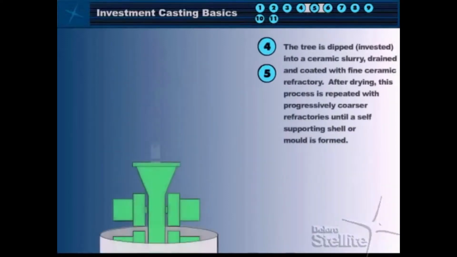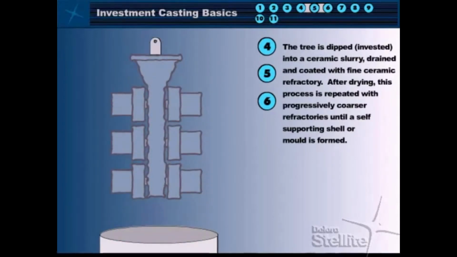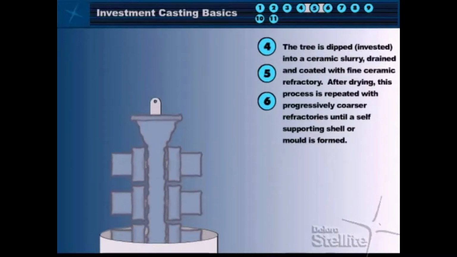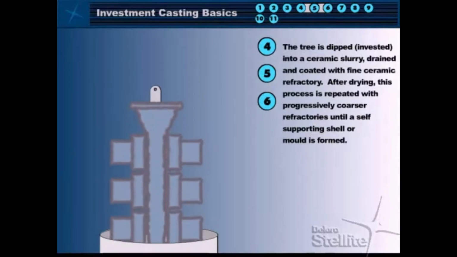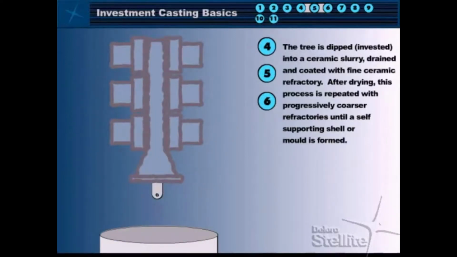Next, the tree is dipped or invested into a slurry of pre-ceramic binder, drained and coated with a fine ceramic refractory for a fine surface finish against the wax. After drying, this process is repeated with progressively coarser refractories until a self-supporting shell or mold is formed.